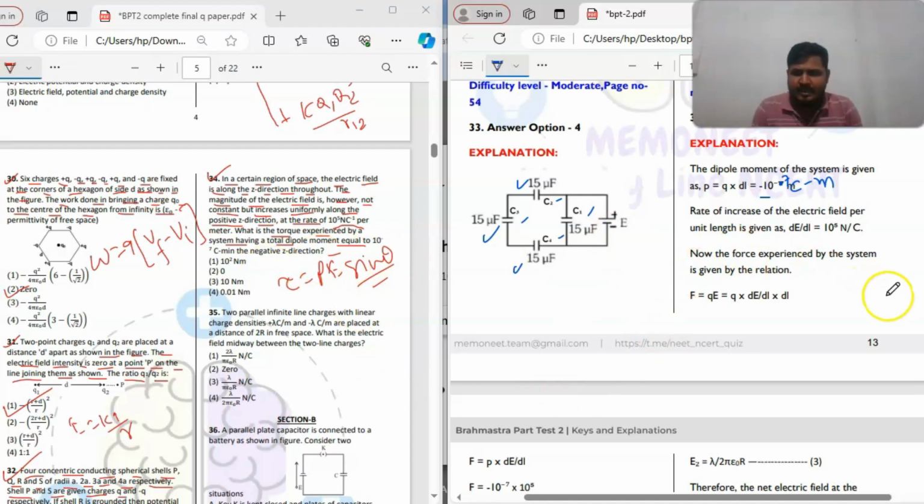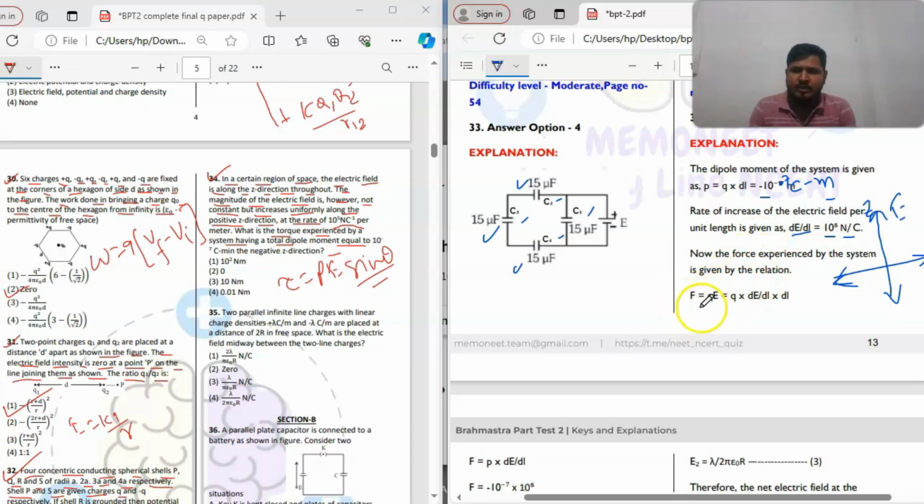The electric field is in the positive z direction, and the dipole moment is towards the negative z direction. So that's why this is minus 10 to the power minus 7 coulomb meter. Now the rate of change of electric field, dE by dl, is 10 to the power 5 Newton per coulomb per meter.